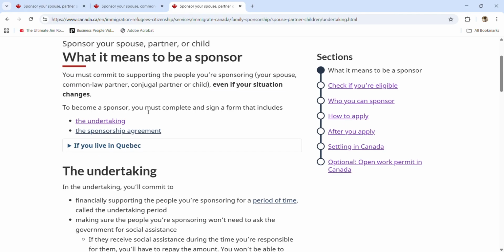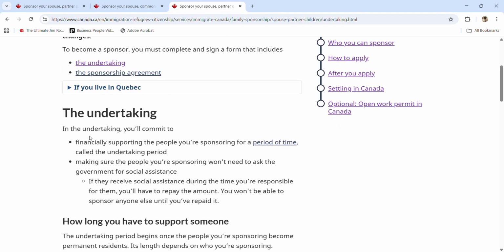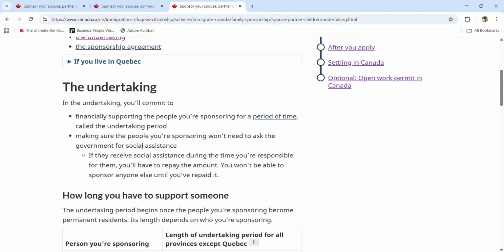To become a sponsor, you must complete and sign a form called the undertaking. The undertaking is a promise that you will support the people you are sponsoring financially, making sure that they are not depending on government social assistance.